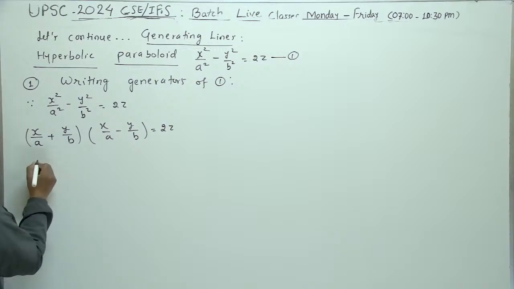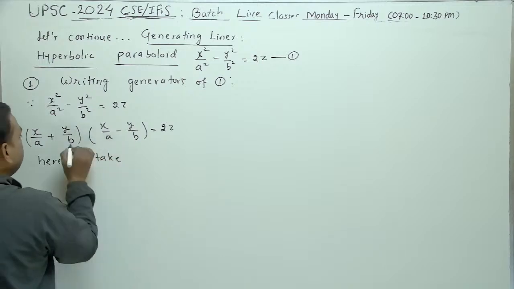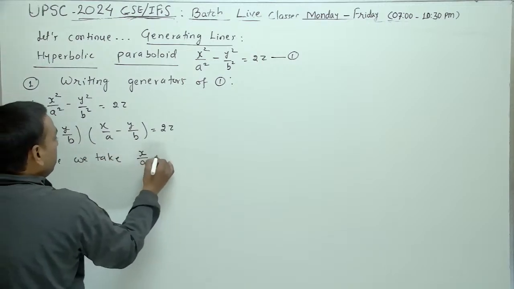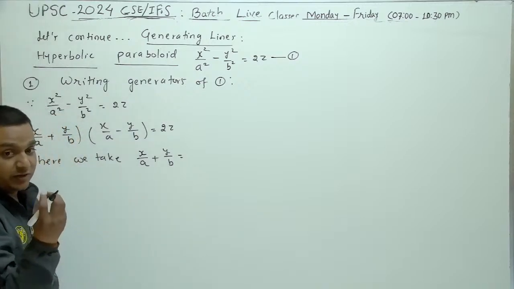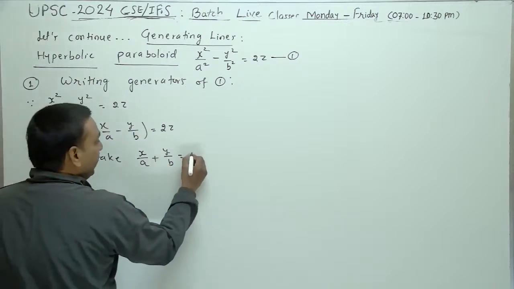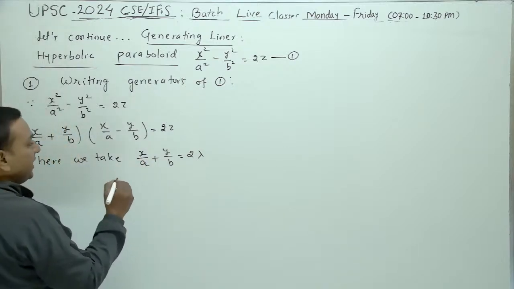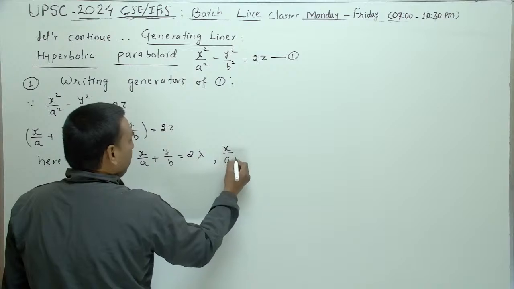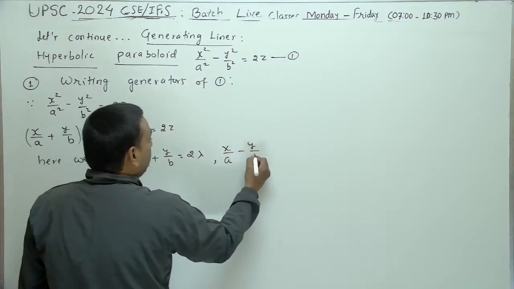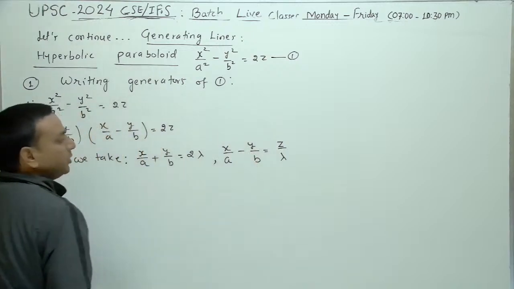Now watch, here we take x upon a plus y upon b. Watch, this is the crux for these chapters. Here I take 2 lambda, okay, where lambda is a parameter, and the other plane is x upon a minus y upon b equals z upon lambda.